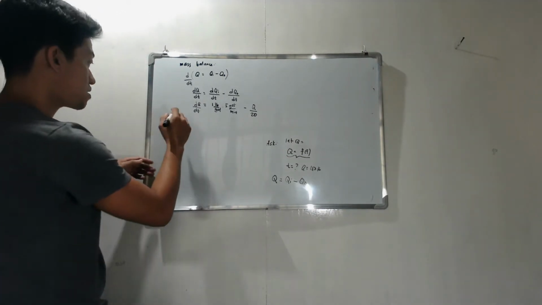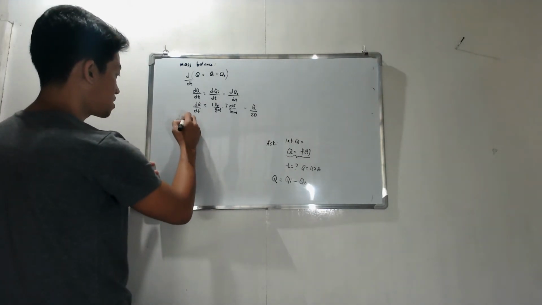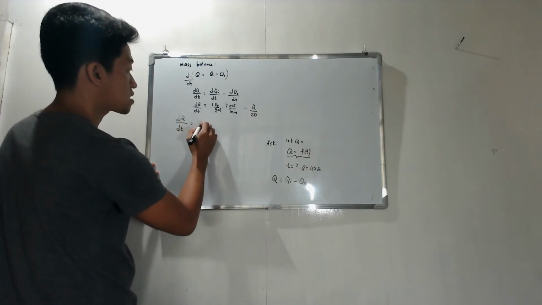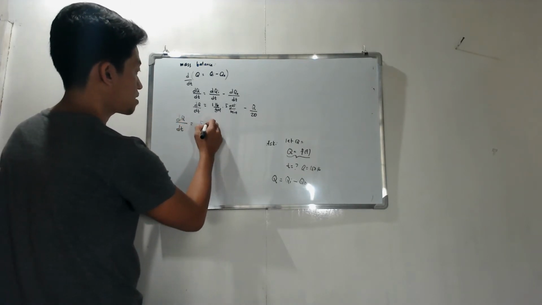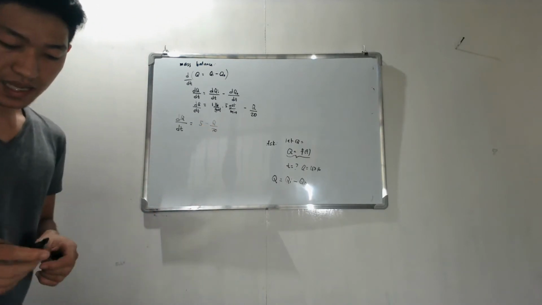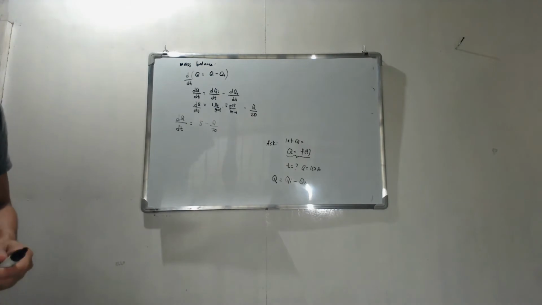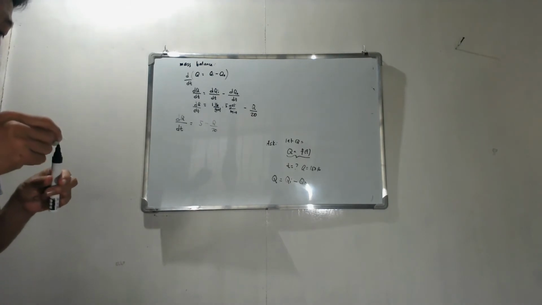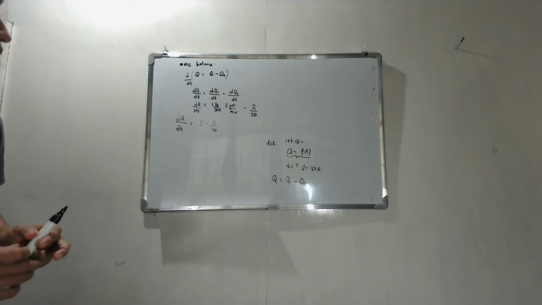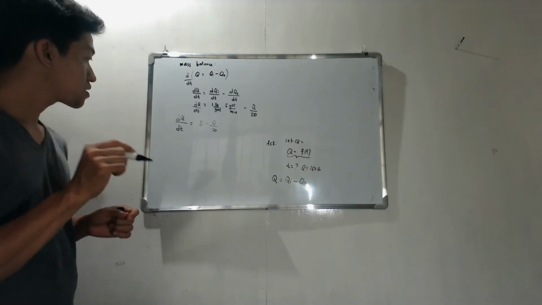So what is now our equation? You have dQ over dt is just 5 minus Q over 20.